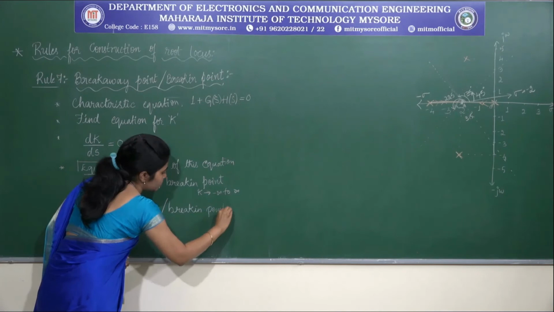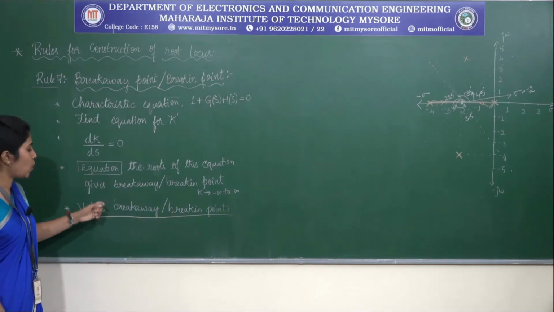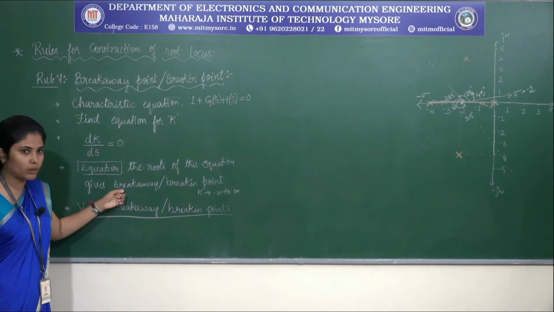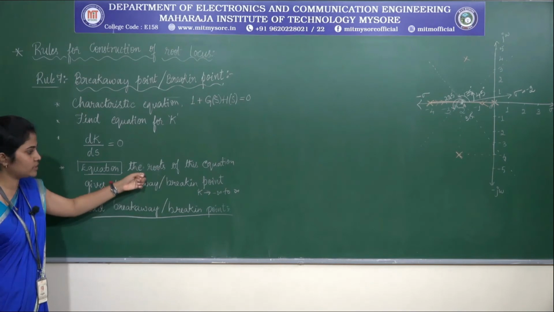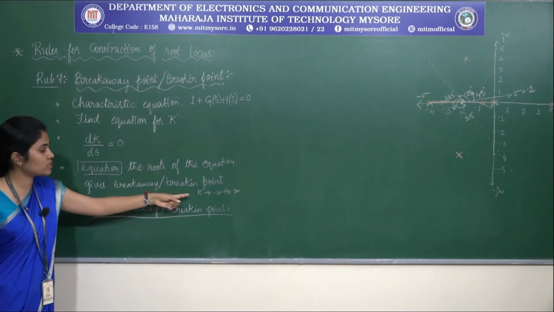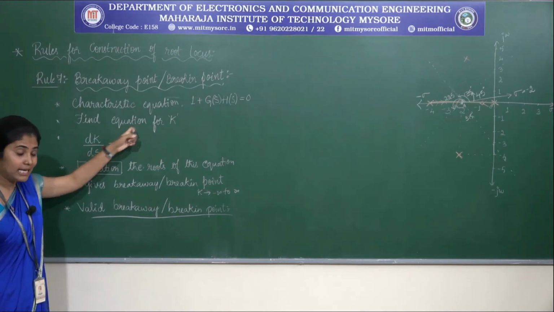So what should I do? Whatever roots I have got in this equation, that is the values of s, I need to substitute all of them in the equation of k.